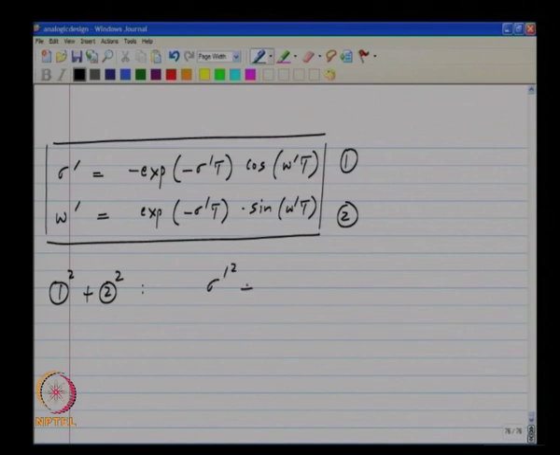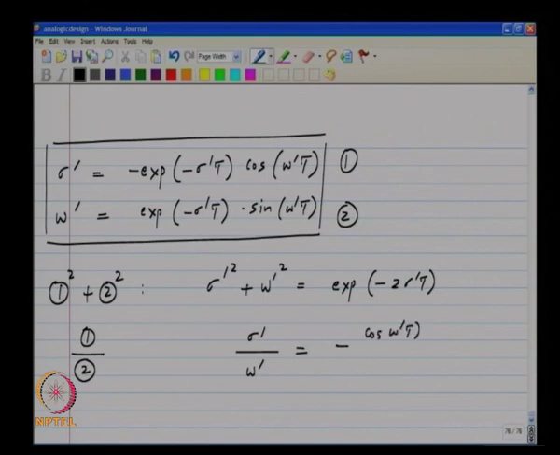This gives me, because cos square plus sin square becomes 1, sigma prime square plus omega prime square is exponential of minus 2 sigma prime tau, and the next equation is obtained by taking the ratio of the two, which gives me sigma prime by omega prime is minus cos omega prime tau by sin omega prime tau. Okay.